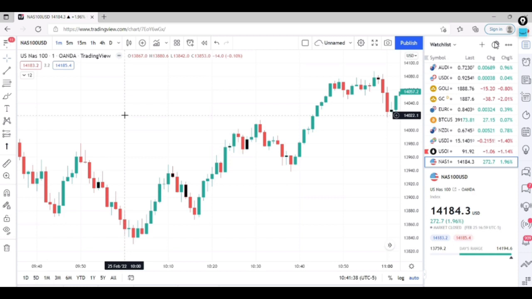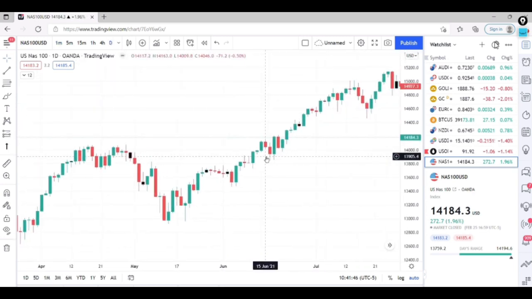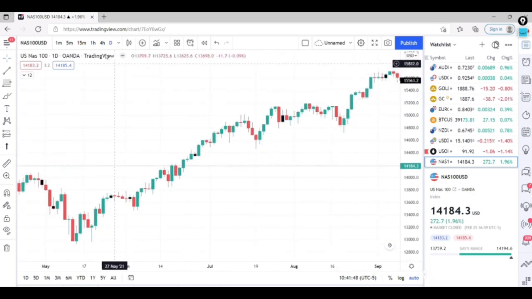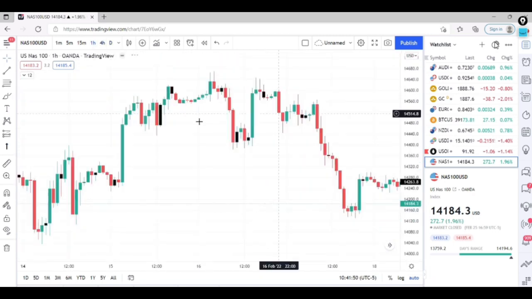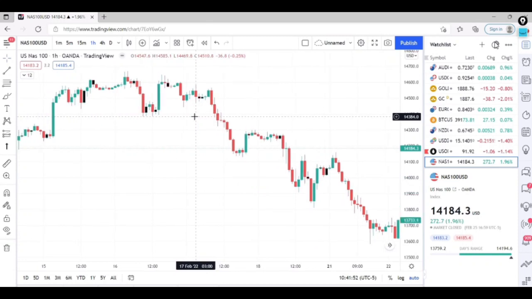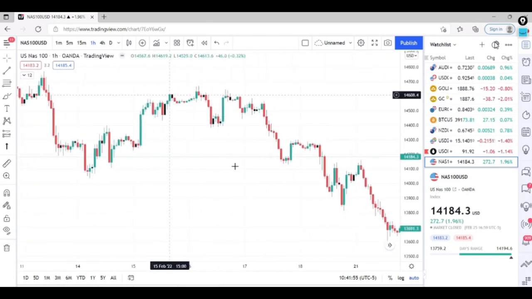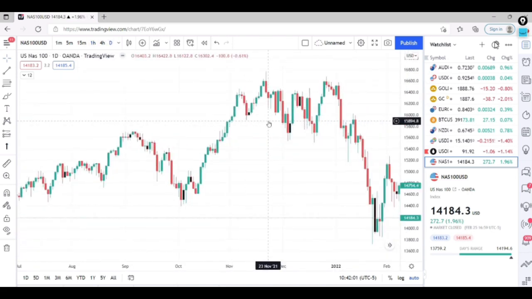So when it comes to swing trading, you're probably going to look at the daily chart, and you take your entries on either the 4-hour or the 1 hour. So let's say that you're looking at the market right here, and you're looking to sell the market, and you are on a daily chart and it looks bearish.